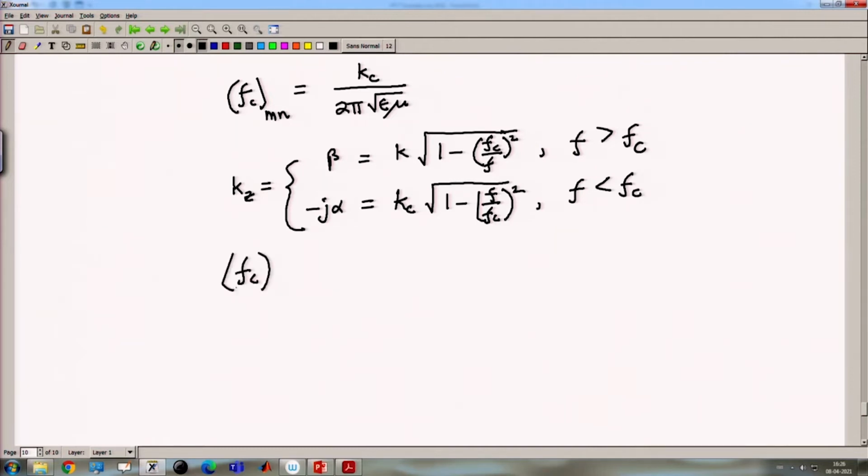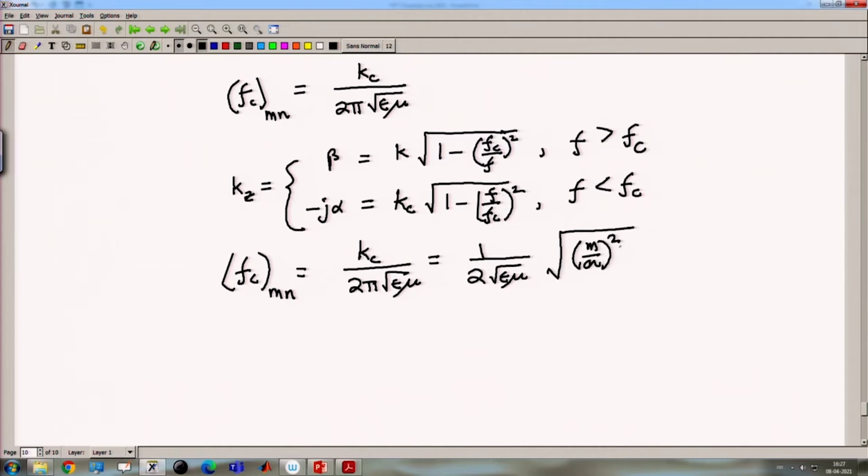Where fcmn, the cutoff frequency of the mnth mode, is given by kc by twice pi root of epsilon mu, and that is equal to 1 by 2 root epsilon mu root of m by a whole square plus n by b whole square. So, let us call this equation 8.